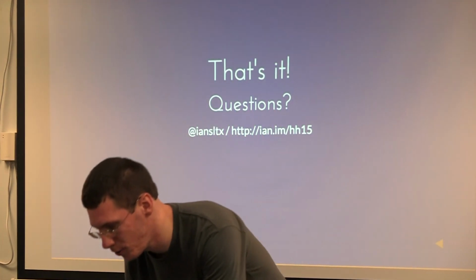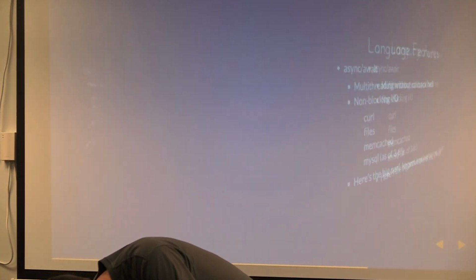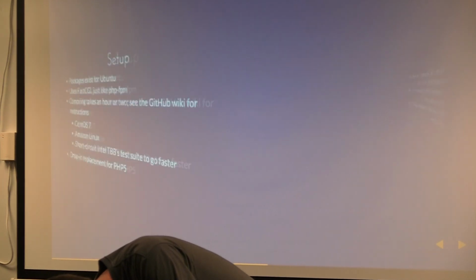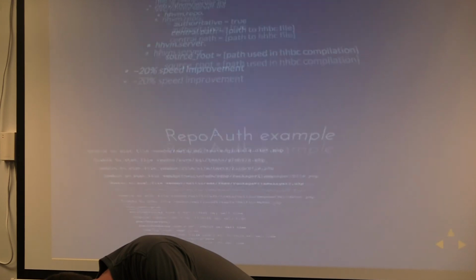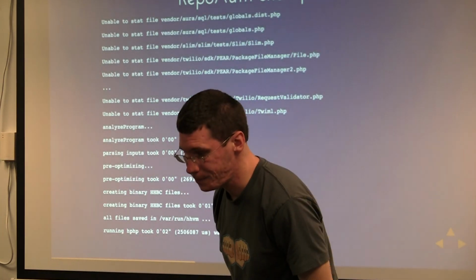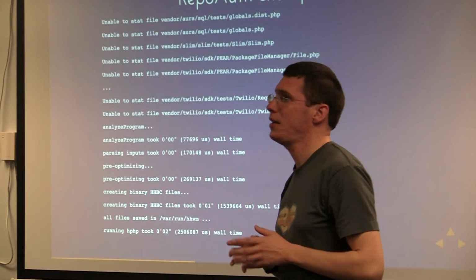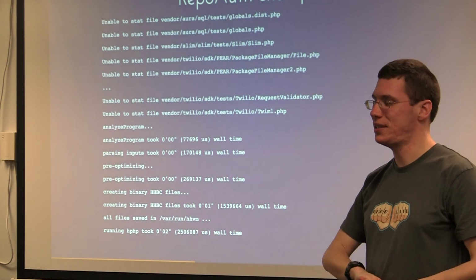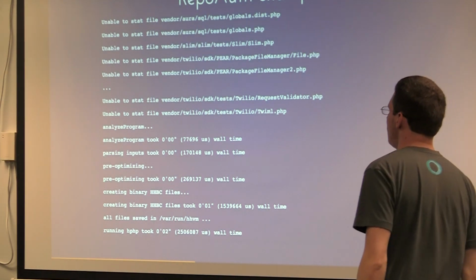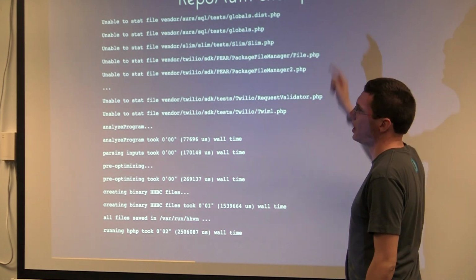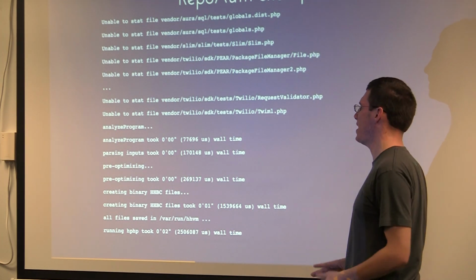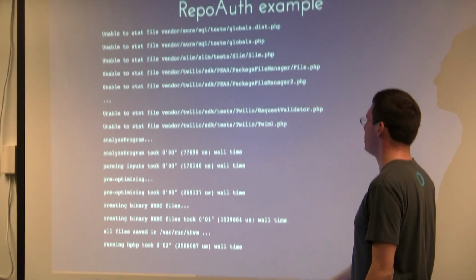I'm going to go back all the way to, let's see here. So when I mentioned about repo authoritative, this is kind of what the compilation process looks like. When you tell it, okay, compile all my files and give me that SQLite database, here's the output you're going to see.